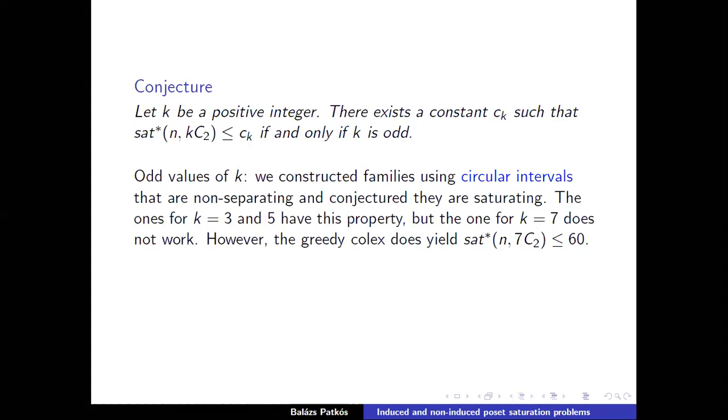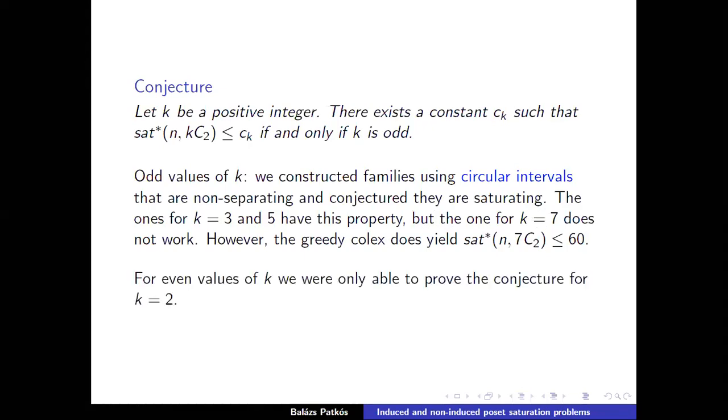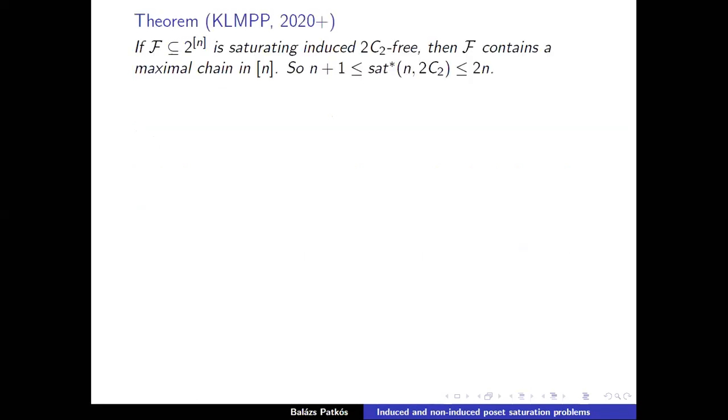So what do we know about the even case? Well, it's even worse, because all we can prove is that for k equals 2 it is indeed unbounded. This is the theorem that we have: if we have a 2C2 saturating family, then it must contain a maximal chain in the ground set, and therefore it should have at least n+1 sets.